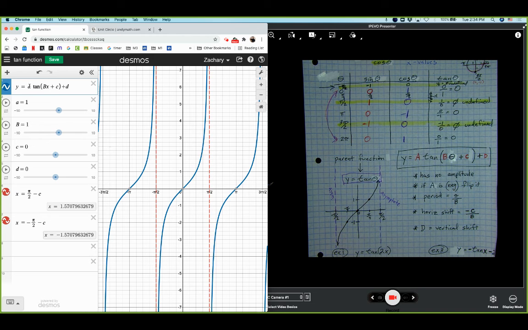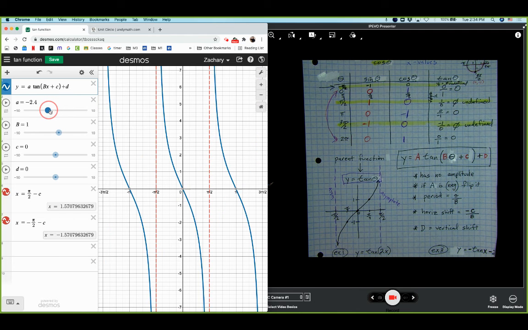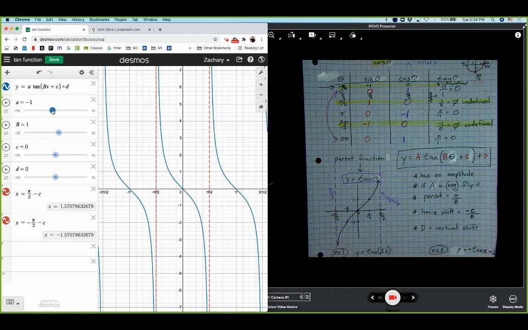Okay. So let's manipulate a. Instead of it being positive 1, let's make it negative 1. Watch what happens. Exactly flipped. You see how that exactly flips? It's just like if I just had y is equal to x squared, right?